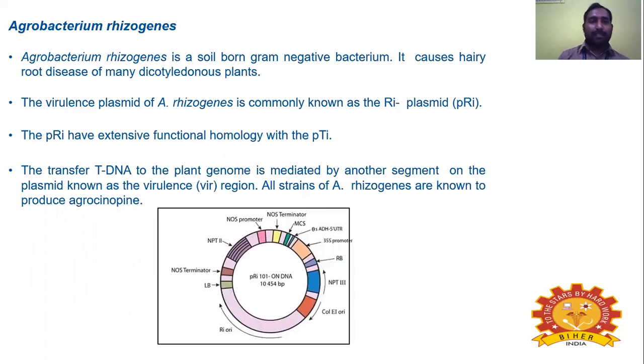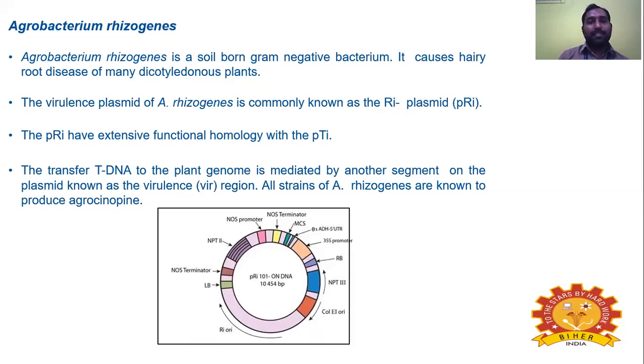So this is another important plasmid vector, that is Agrobacterium rhizogenes. Agrobacterium rhizogenes is a soil-borne gram-negative bacterium like Agrobacterium, and it causes hairy root disease of many dicotyledonous plants. The plasmid of Agrobacterium rhizogenes is commonly known as the Ri plasmid. The Ri plasmids have extensive functional homology with the tumor-inducing plasmids.